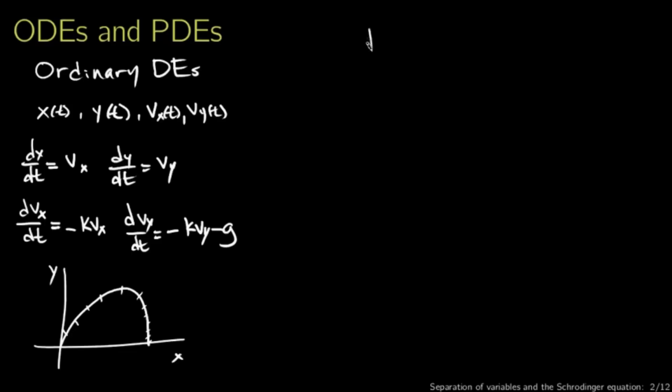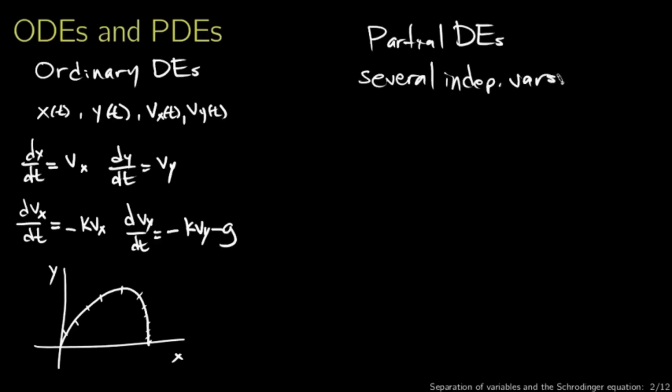Partial differential equations, on the other hand, PDEs, you have several independent variables. So where in an ordinary differential equation we only had time, and everything was a function of time, in a partial differential equation, what you're trying to solve for will have several independent variables.